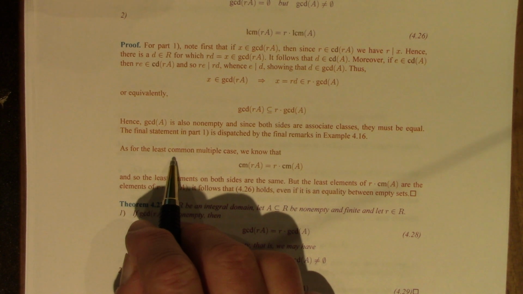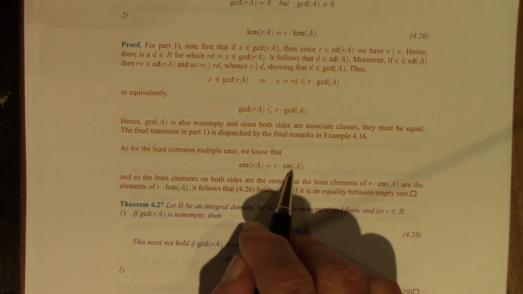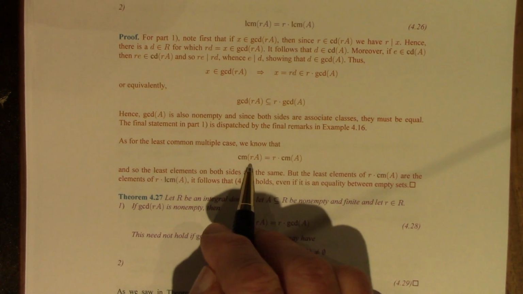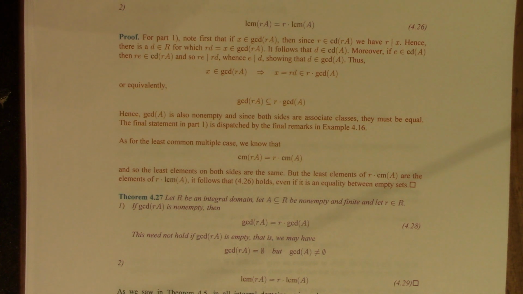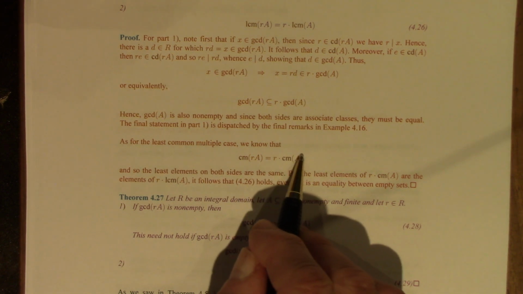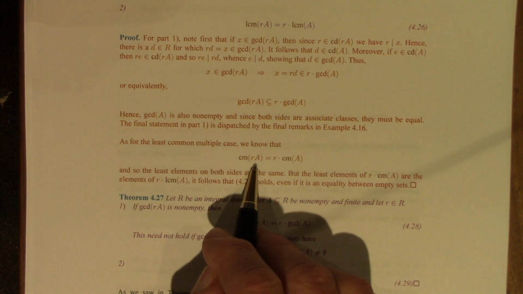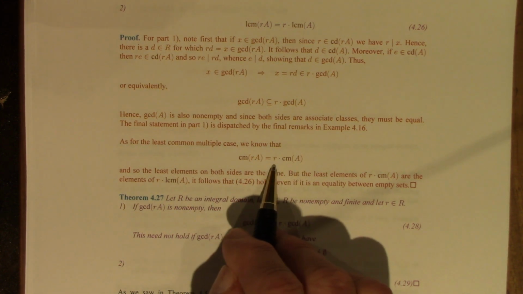As for the least common multiple case, we have this formula, and so since these two sets are equal, their subsets of least elements are the same. The least elements of this side, of course, is the LCM of rA. What are the least elements here?